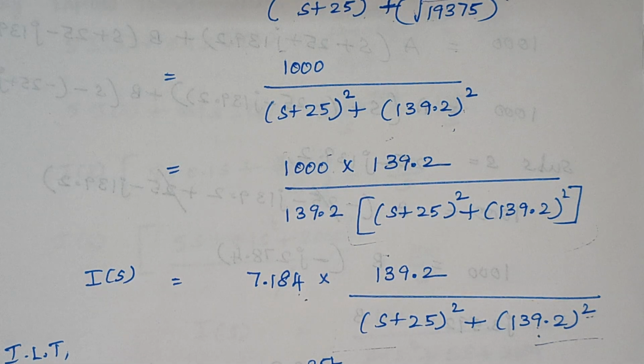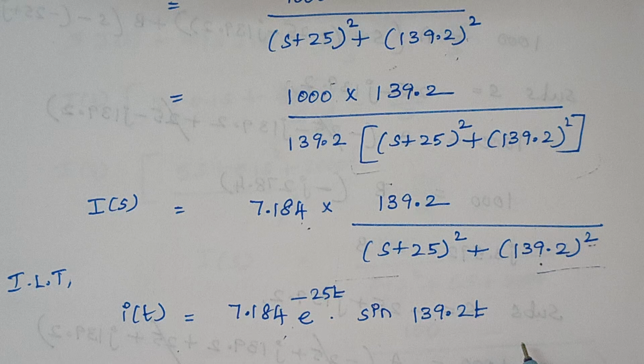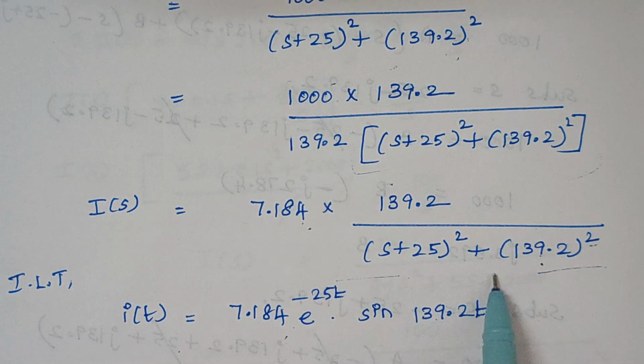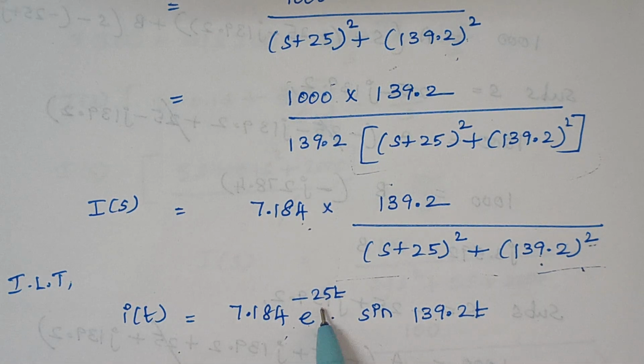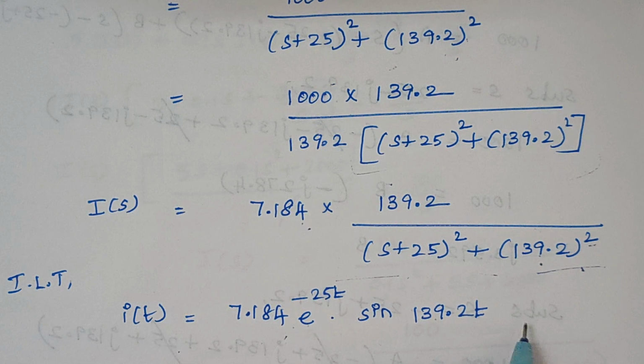Now we are going to take the inverse Laplace transform directly, because once you have an expression like this, there is a formula in inverse Laplace transformation which makes our work quite easier. When this expression is taken inverse Laplace transform, we get e to the power minus 25t into sine of 139.2t.